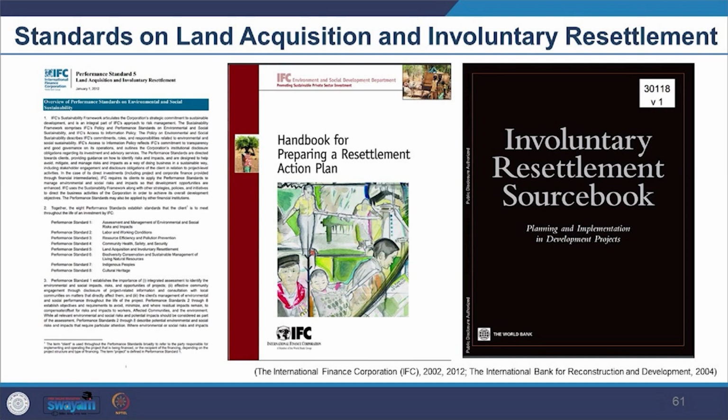It's very important that the community is consulted throughout the project life cycle, not just during the design process or the project implementation time, but during the whole life cycle. They also play a central role in preparing the resettlement action plan. It is suggested that good planning and consultation is beneficial for both the developer and the community.